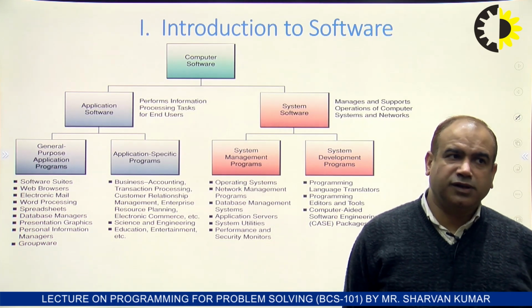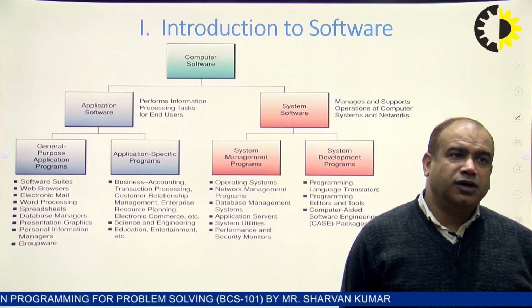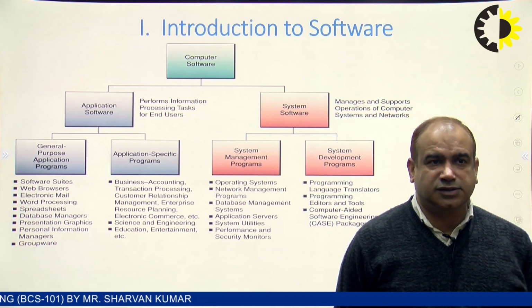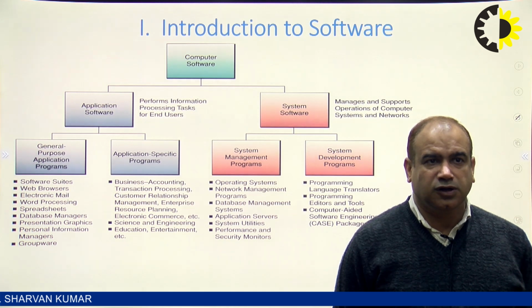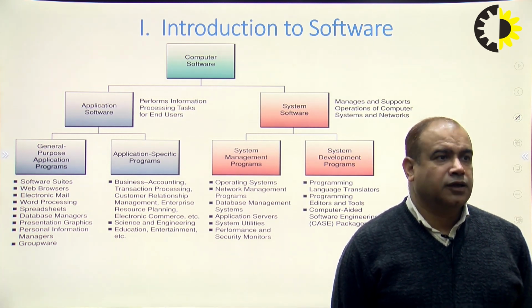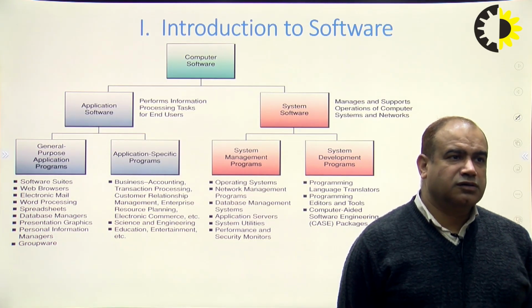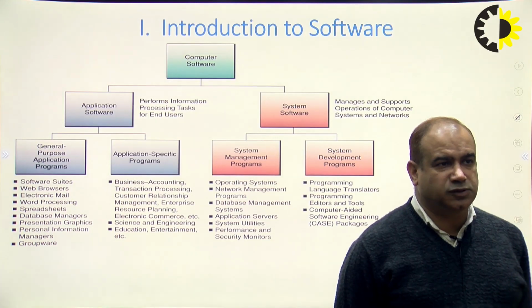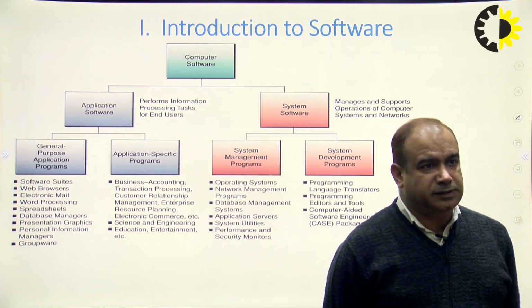Application software performs information processing tasks for the end user, while system software manages and supports operations of computer systems and networks. Application software is categorized further into two parts: general purpose application programs and application specific programs.